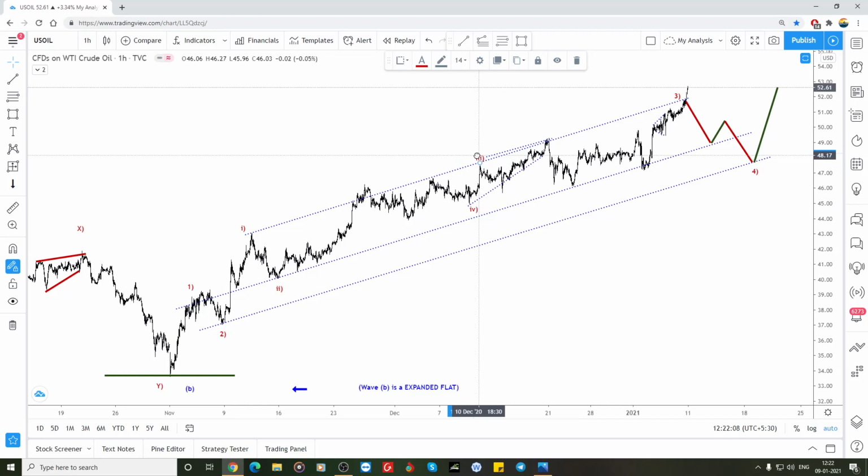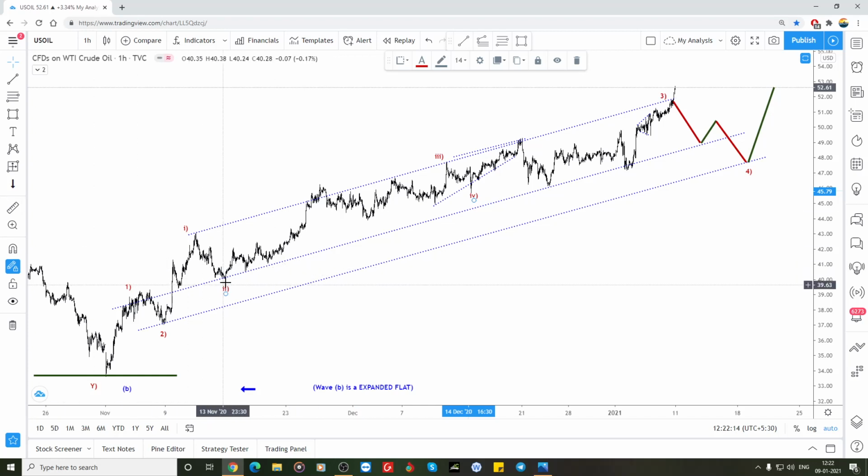Sorry, here the third wave, this is the fourth wave. How? See, this is the five-wave structure 1, and this is the five-wave structure of the C wave. So 1, 2, 3, the whole thing is a fourth and fifth. So these are intermediate waves. What I'm talking about is this 1, 2, 3, 4 and 5.